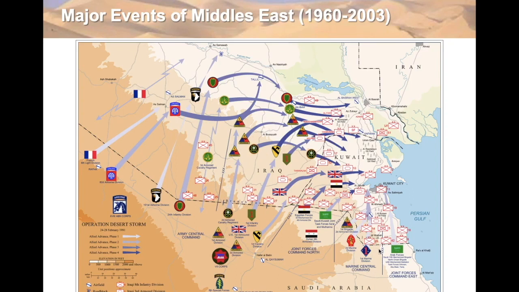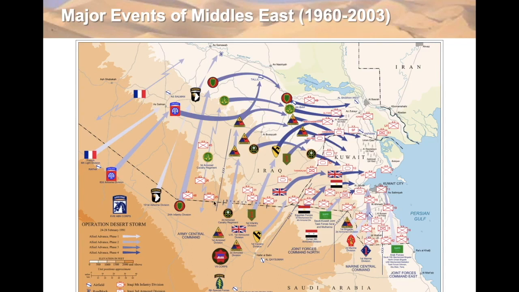Here's the Marines, the 1st Marine Division. And you had other coalition forces, basically all lined up here. A massive military force. You have the British here, you have the French here, and they just swung in and basically cut off the Iraqi forces.